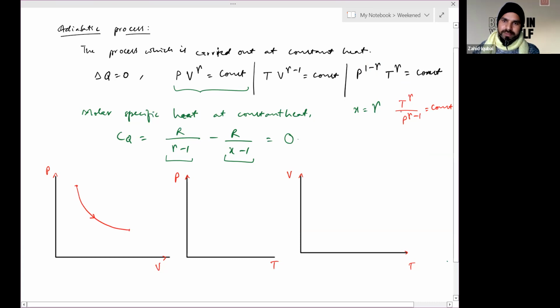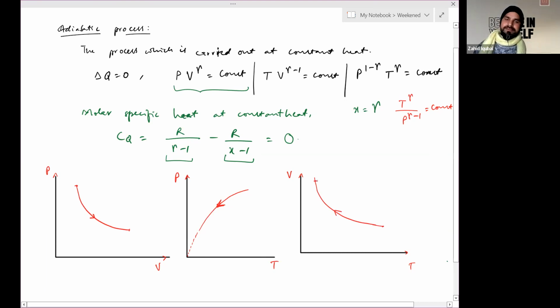So related to this expression, you will say pressure and temperature should be proportional to one another. So the graph related to this curve will be like this. In third part, since volume and temperature is inversely proportional, so graph will be like this. And in this, volume is increasing, so temperature must be decreasing. So it will be like this.